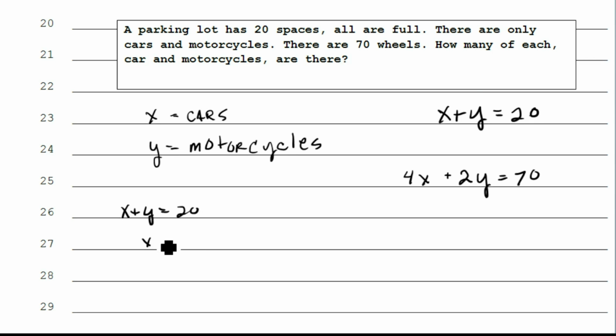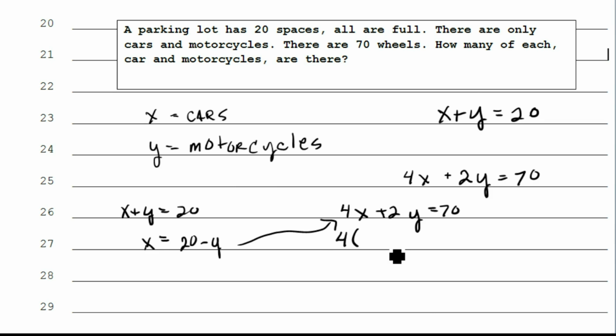Solve that for X, which means adding minus Y to each side: 20 minus Y. And then in this equation here, 4x plus 2y equals 70, replace this x here with this.